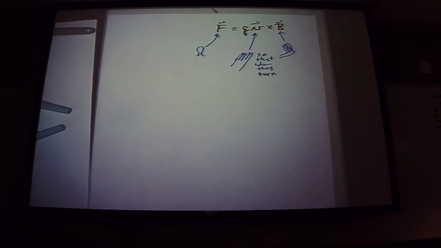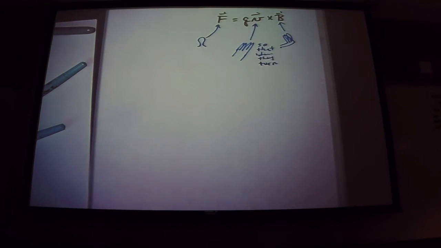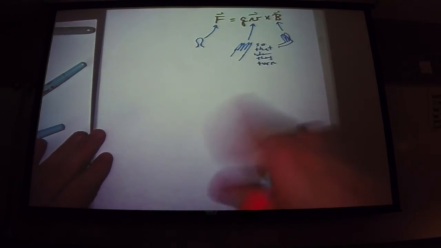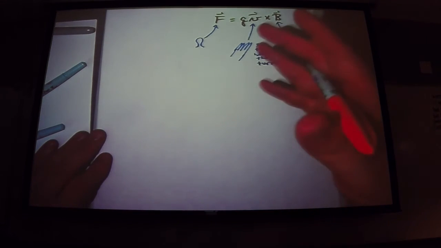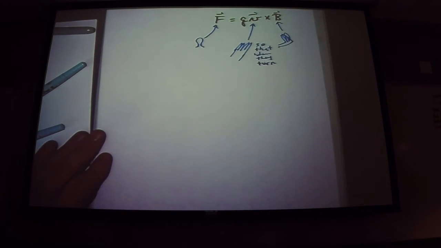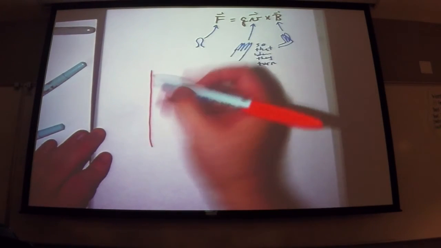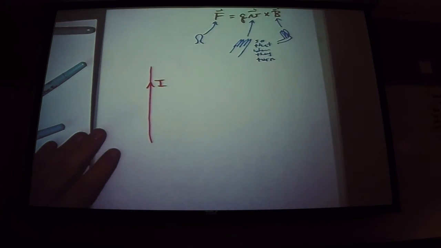Second right-hand rule we talked about when we talked about creating currents. This one does come from the Biot-Savart law, and I could use the Biot-Savart law to show you how this works, but it's a little easier to do when you're talking about currents like this.